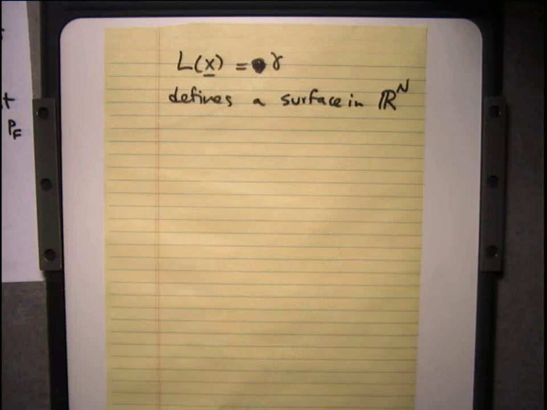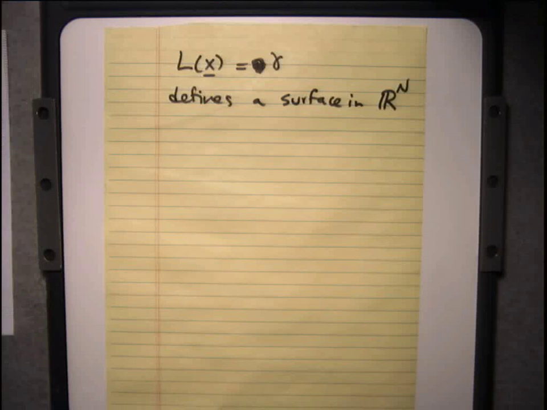And what happens is that basically this n-dimensional space is split into two pieces. One piece will correspond to the H1 hypothesis, and the other piece will correspond to the H0 hypothesis.